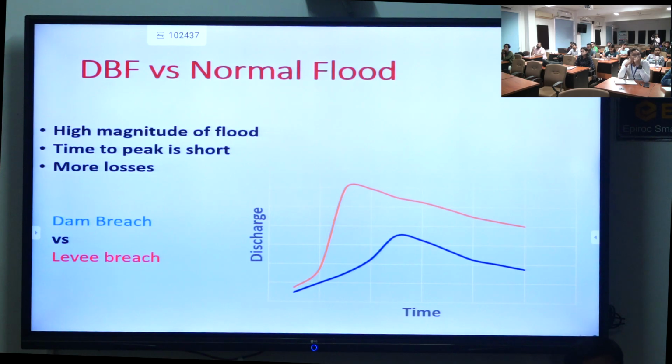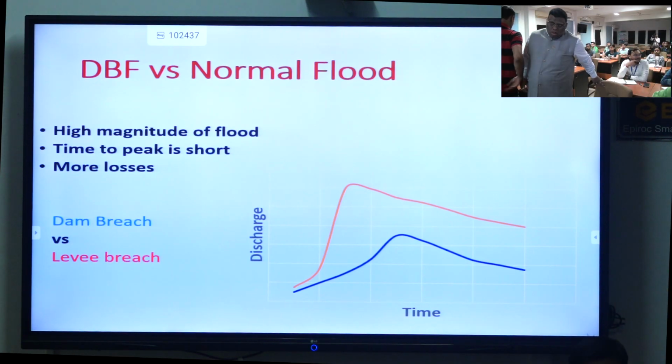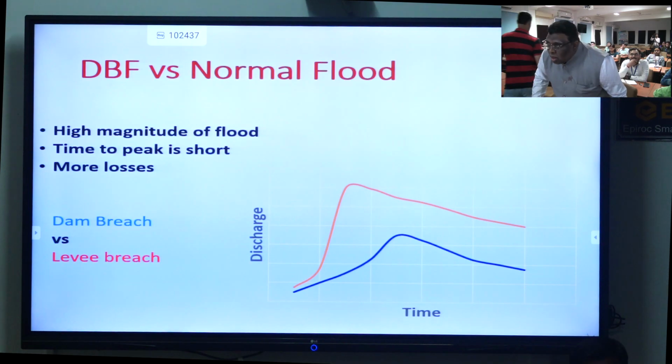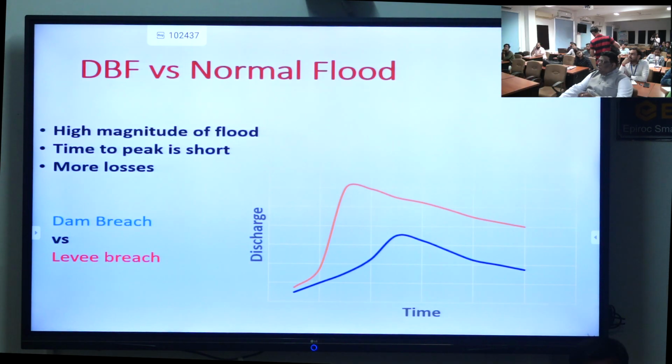Right? There is also something called the levee breach. Dam, as we know, is a structure perpendicular to the flow. The dam may break. Similarly, on the side, if a channel is flowing, the embankment on the side may also break, which is a levee breach. If you remember the 2008 Kosi flood, it was a levee breach.